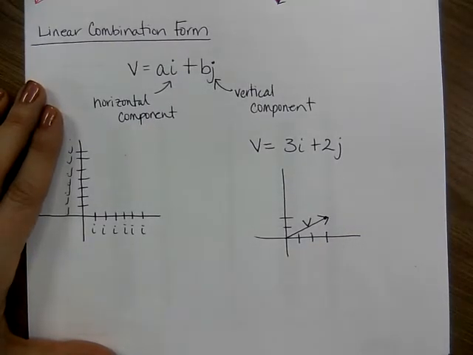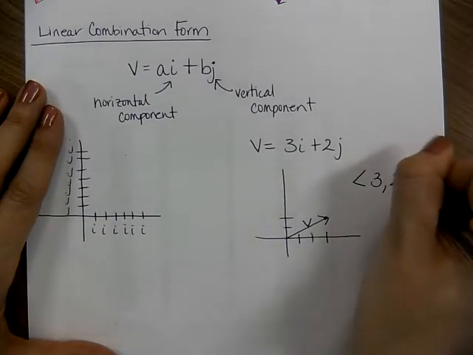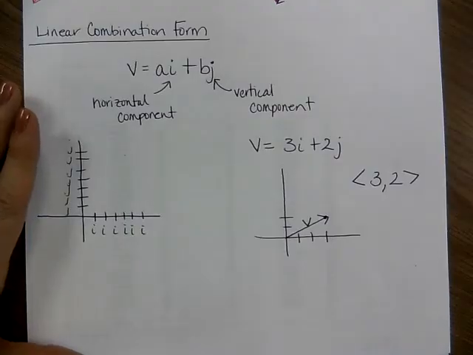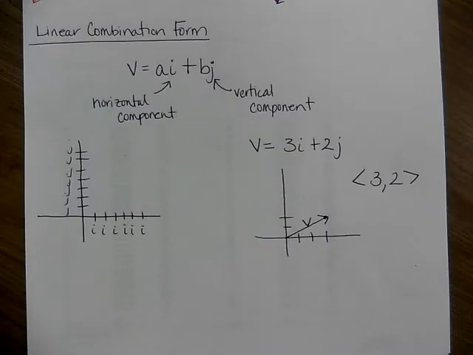What would it look like in component form? Would it just be <3, 2> with some arrowheads, right? That's all it is. These are interchangeable. They're just 2 different forms, so don't get confused if you see it either way. Everybody okay? Any questions?